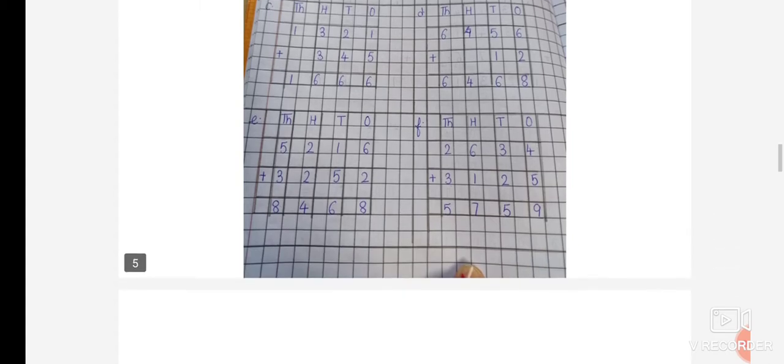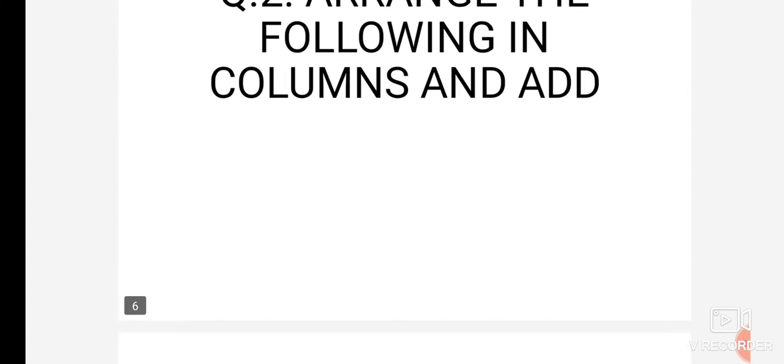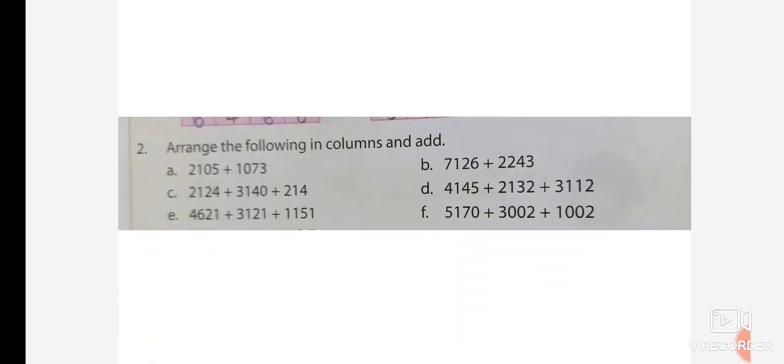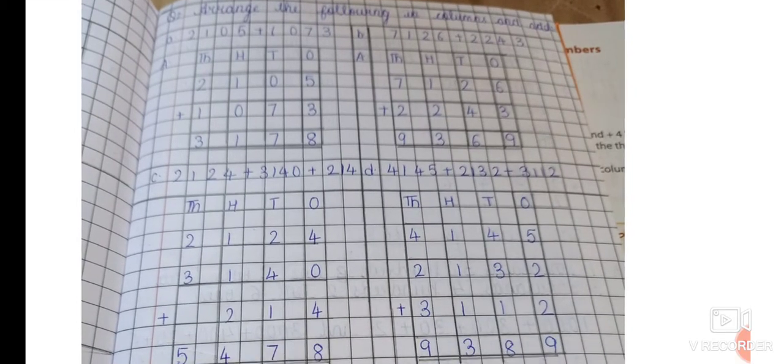The second question we have to do directly in the notebook because there is no space in the textbook to solve.